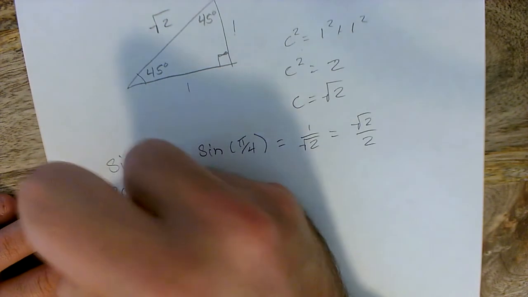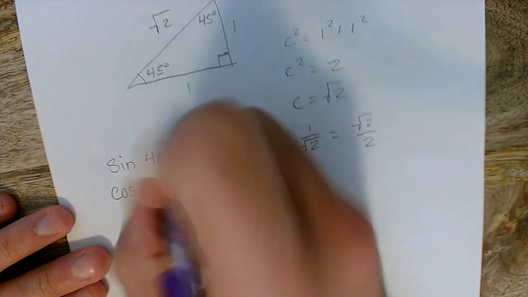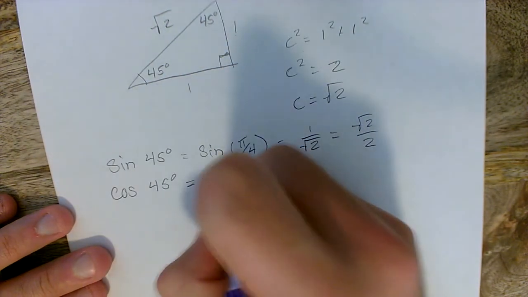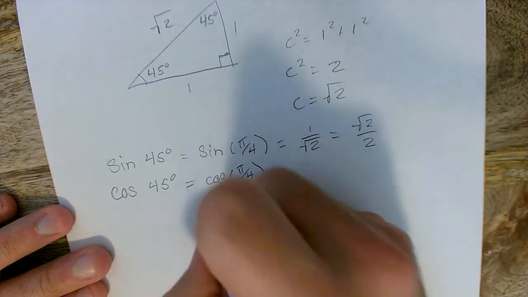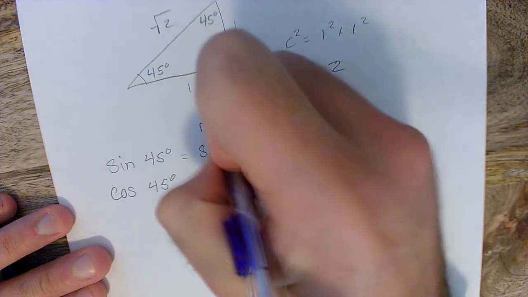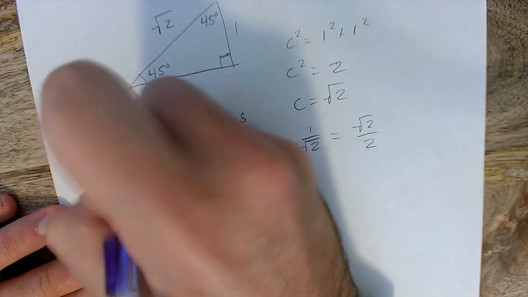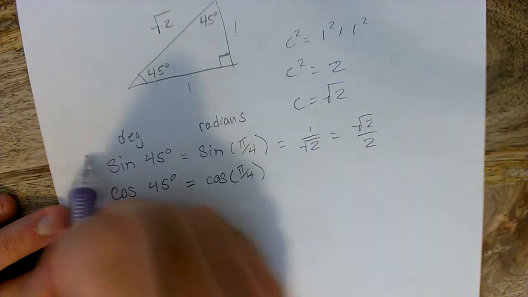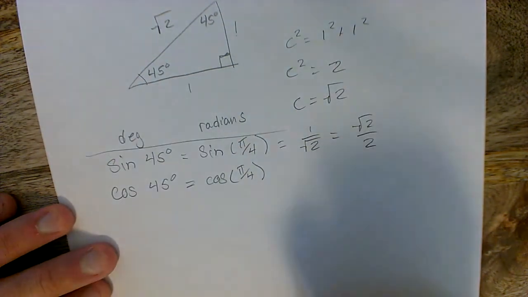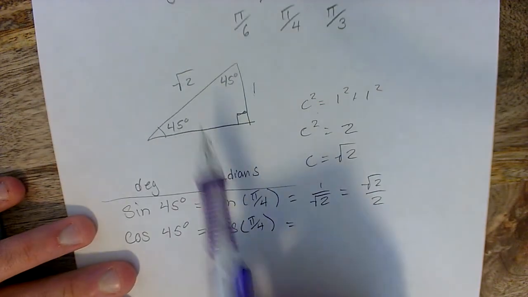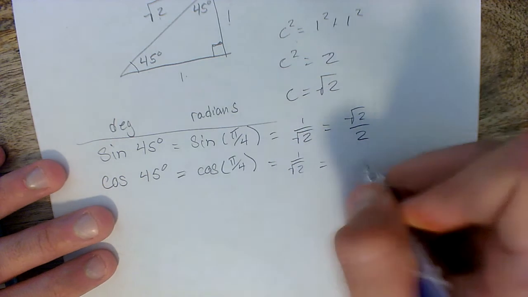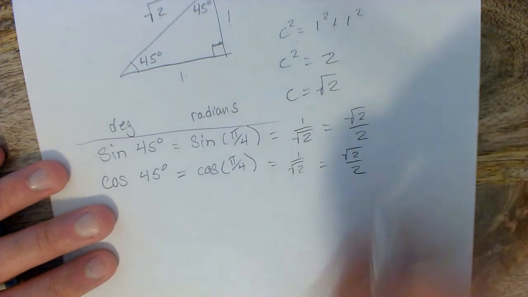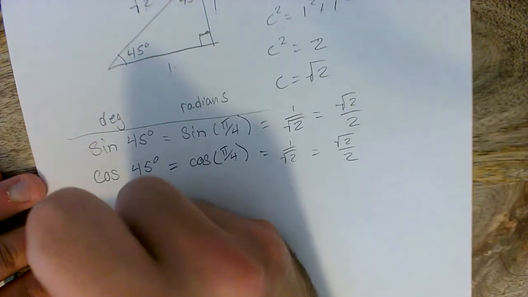Okay, cosine of 45 degrees, which is the cosine of pi over 4 radians, is, looking at our picture, the adjacent over the hypotenuse. So it's 1 over the square root of 2, so again, square root of 2 over 2. What about the tangent?